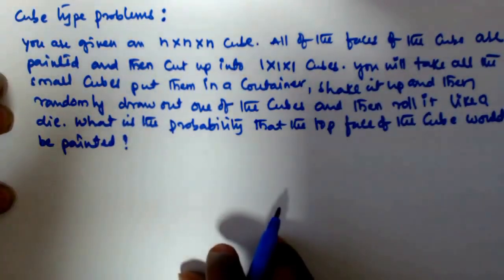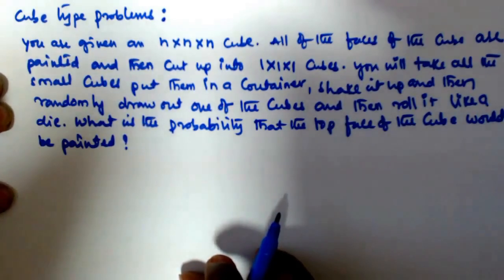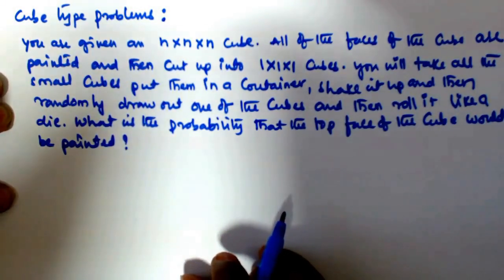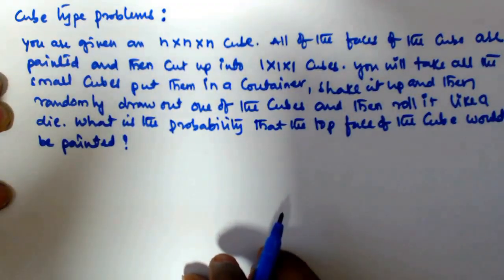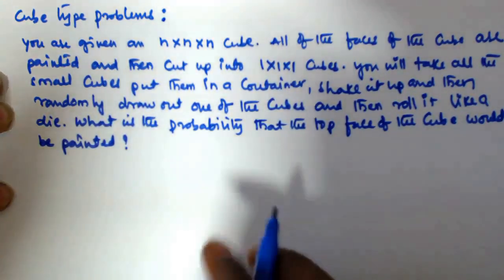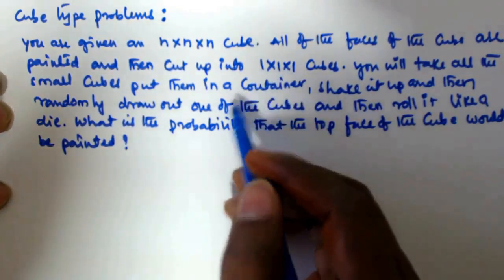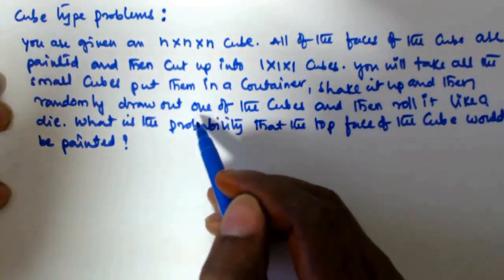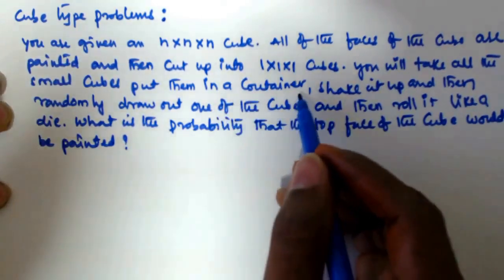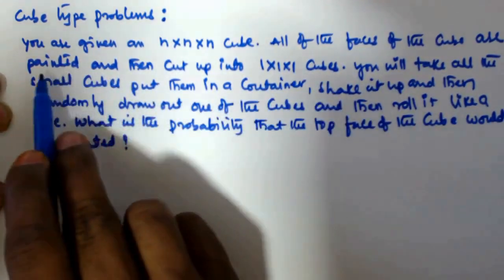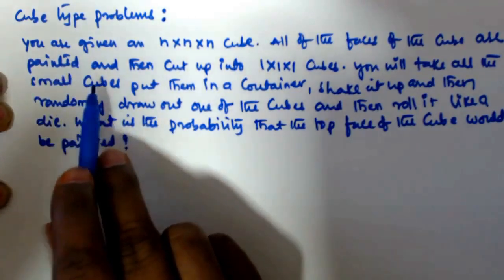It is given that a big cube is given whose length, width and breadth is n, and we have to cut that big cube into small cubes of length, breadth and height 1, 1, 1. Then you take all those small cubes and put them in a container, and you have to remember that all faces of the big cube are painted.